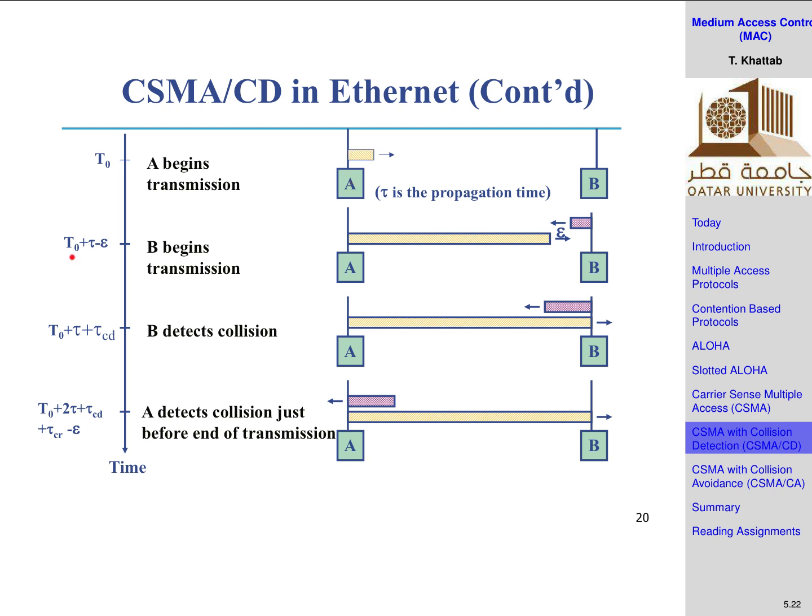And at T0 plus some tau minus epsilon, so at a different time, node B begins transmission, right? Those take some time until you reach a point where, so the data is coming from A, now B started transmission right now, so this line is node A, this line is node B. Then at some point, right, the collision happens, okay?